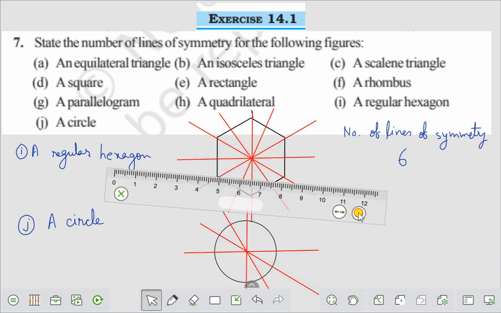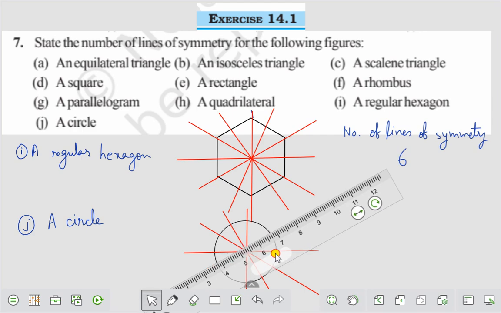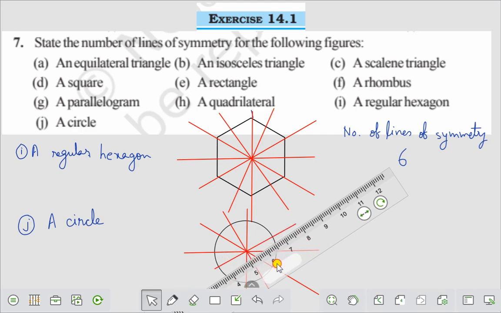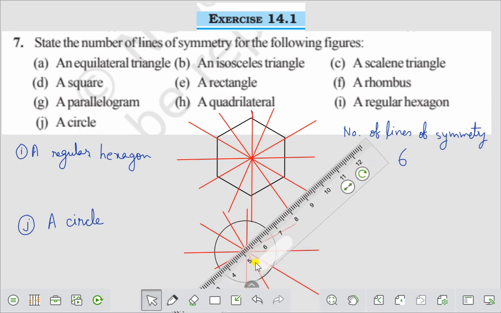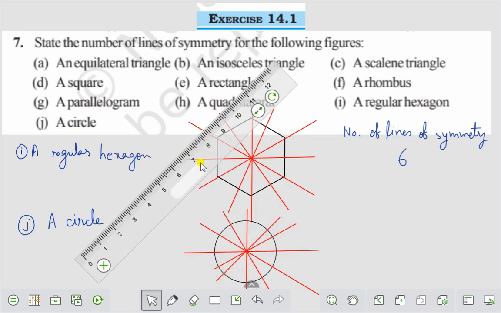Here you see this one like this, or you can draw also like this. That means you can say that the number of lines of symmetry for a circle is infinite. Infinite number of lines of symmetry.